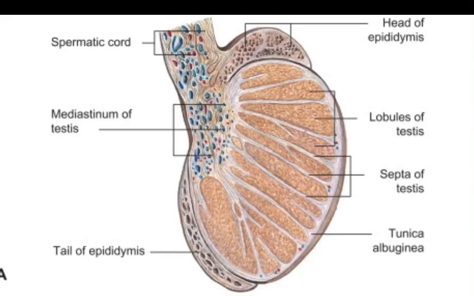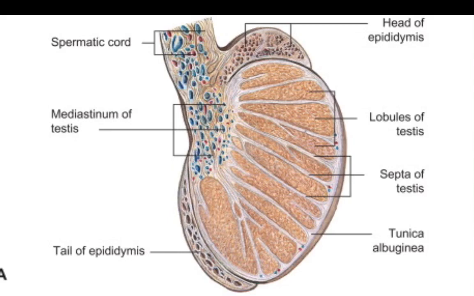Next, the tunica albuginea. This tunica albuginea is a thick fibrous membrane which covers the entire testis, and it projects into the interior of the organ, that is testis, from the posterior border as an incomplete vertical partition known as mediastinum testis.